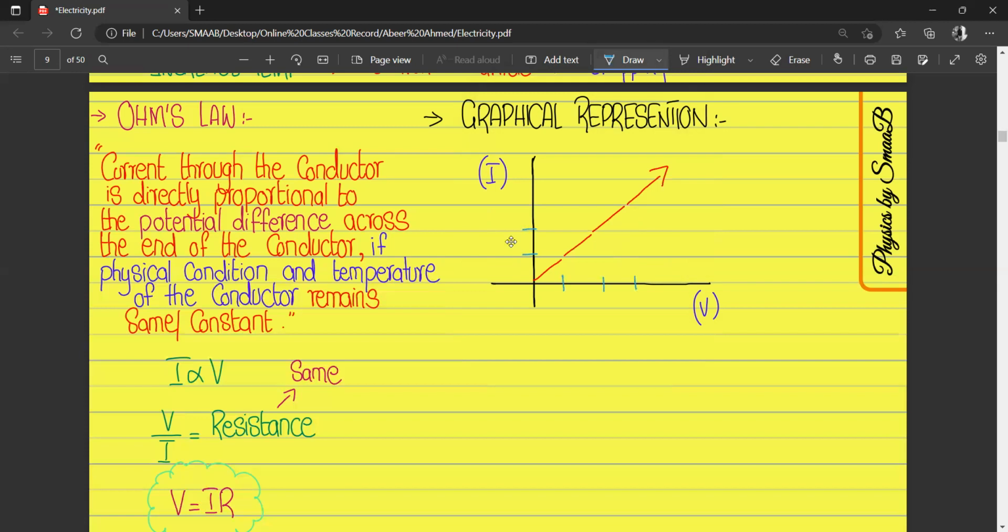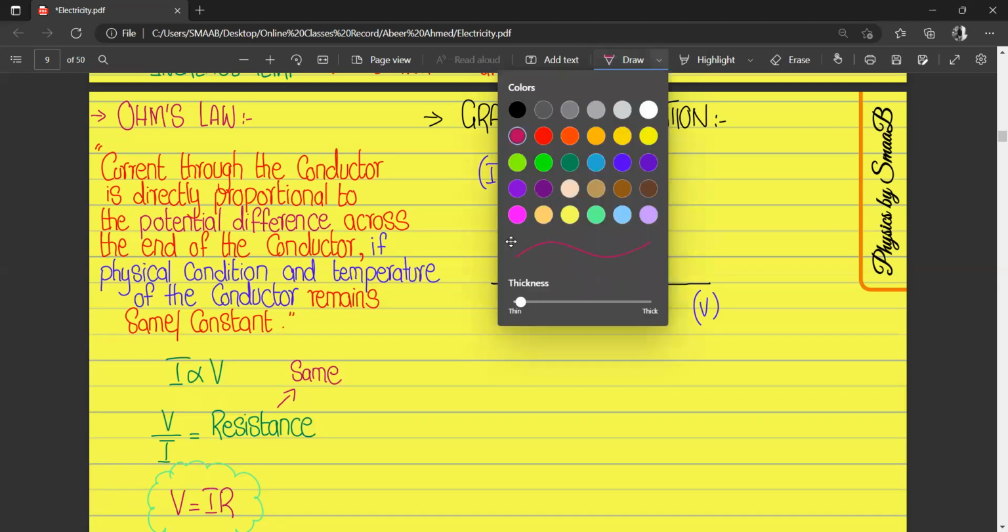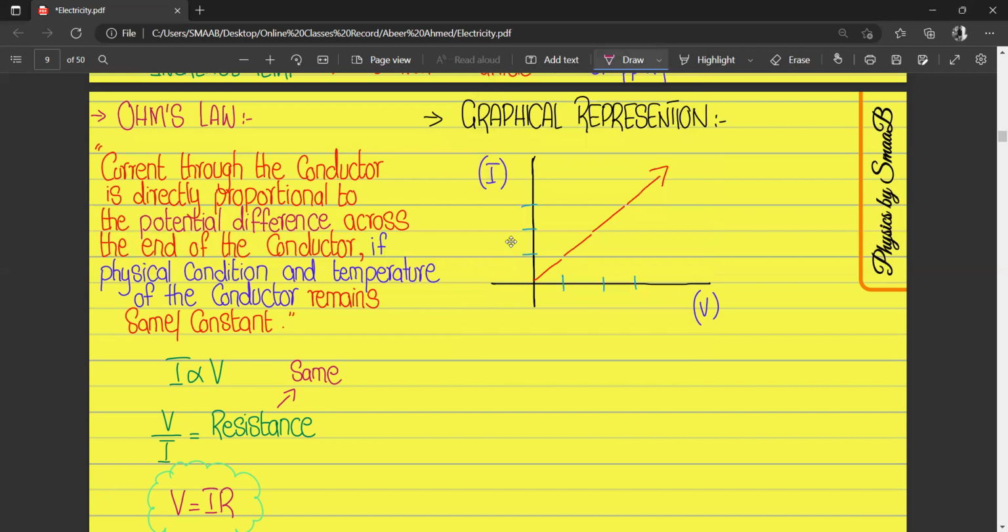And let's suppose if someone asks you, what will be the gradient of this graph and which quantity will you get from the gradient of this graph?